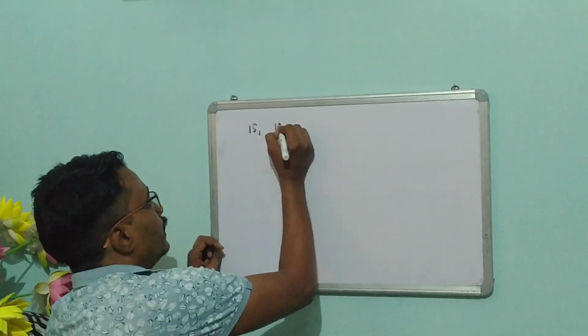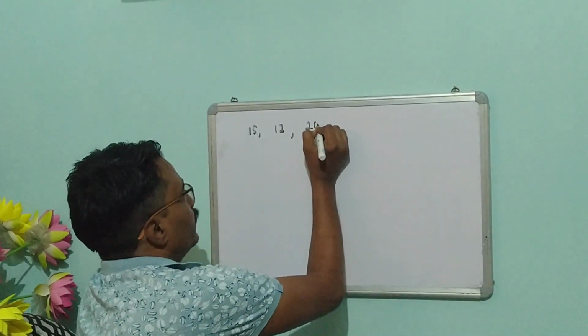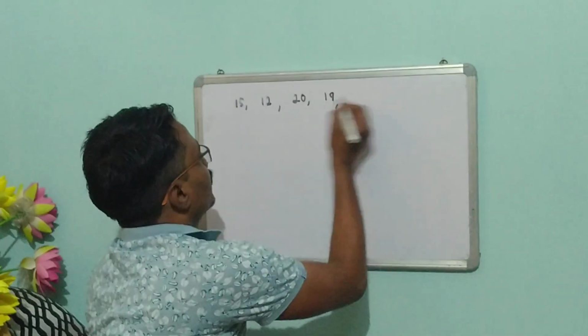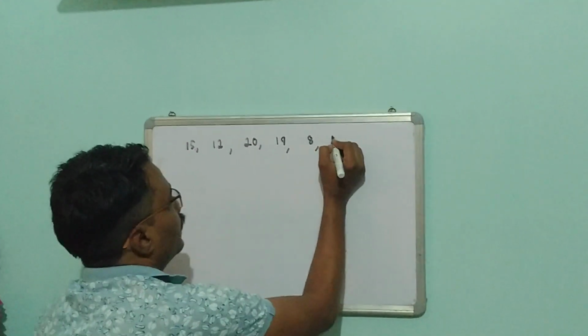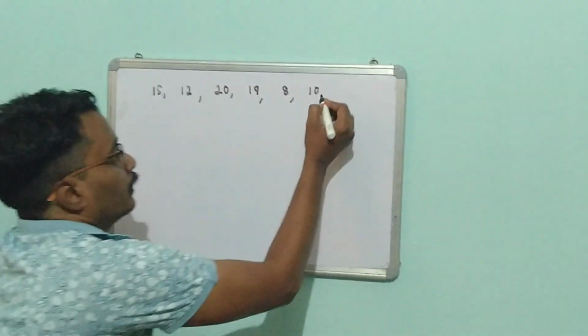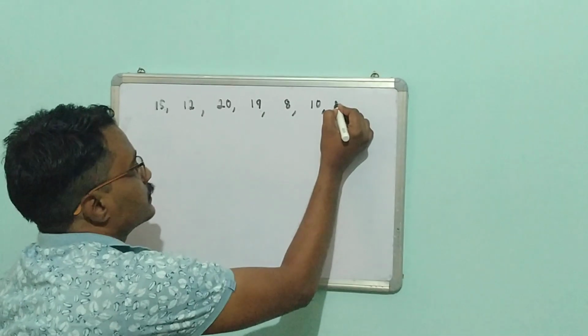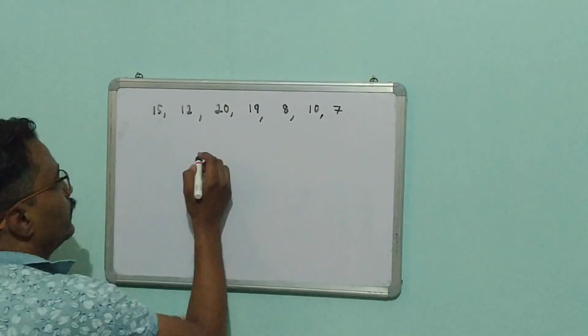This is maybe 12. This is 20. This is 19. Make it 8, 10, and another one, 7. So now I am constructing a binary search tree.